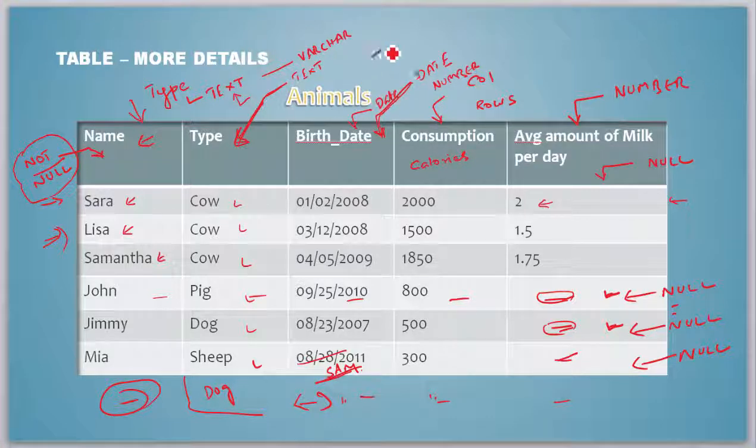There is some other type called binary. I'll talk about those later. And then date columns, and then the numbers, everything is there. These types would ensure that incorrect values are not stored in a table. So these are the additional details of the structure of the table.